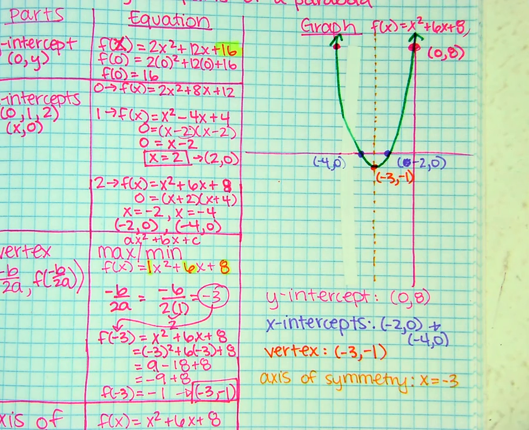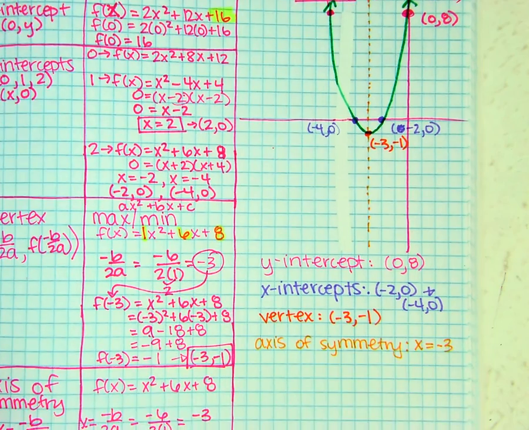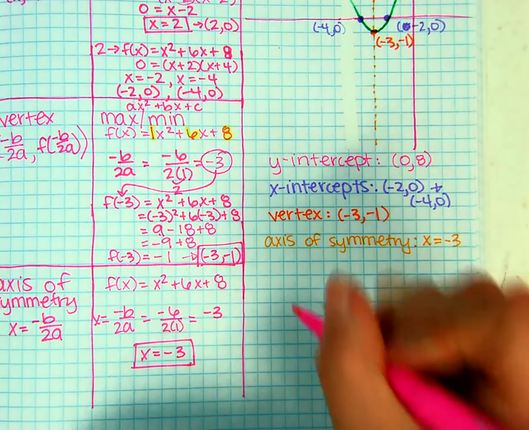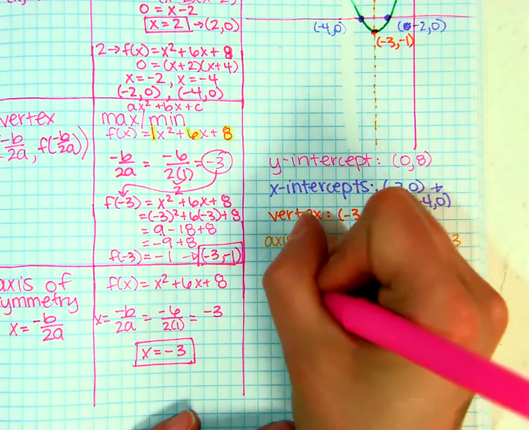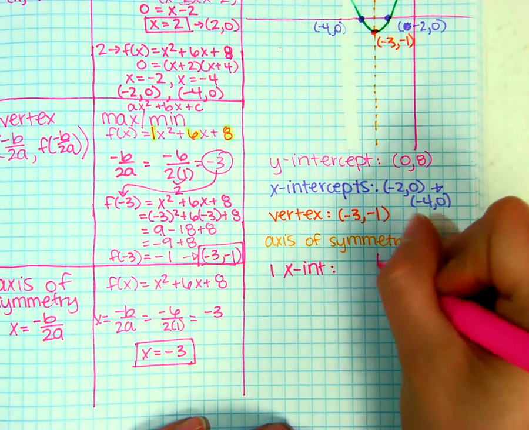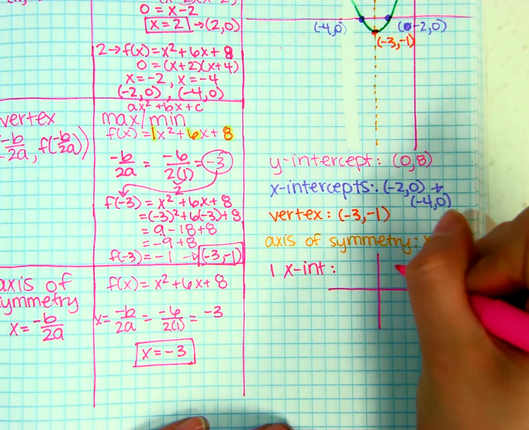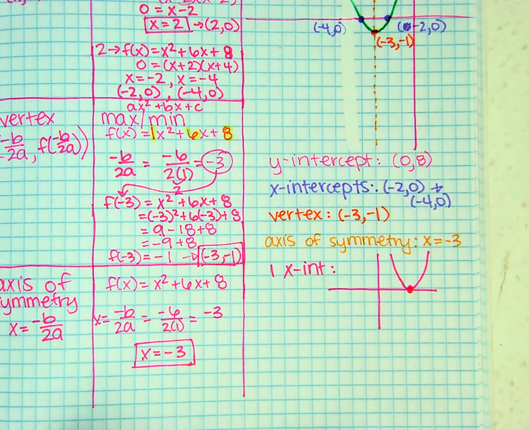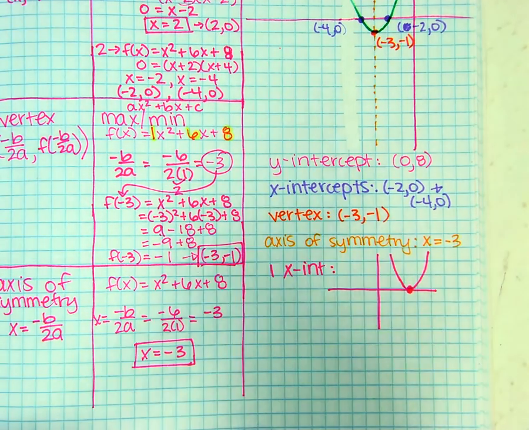So that one has 2 x-intercepts. Let me quickly show you what would happen if they didn't have any. So 2 x-intercepts is above. 1 x-intercept would have the vertex, like we said, on the line, like this. Okay? It only crosses the x-axis once.